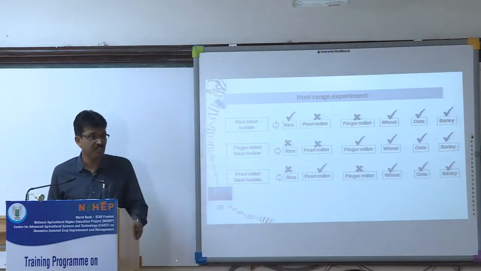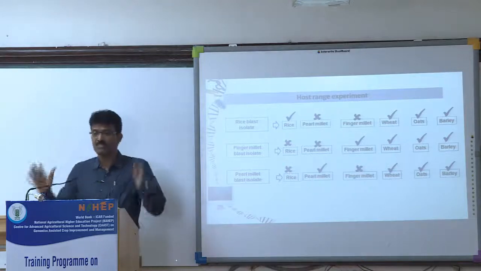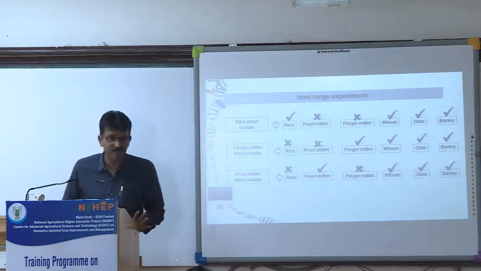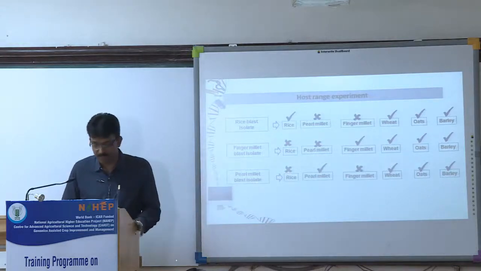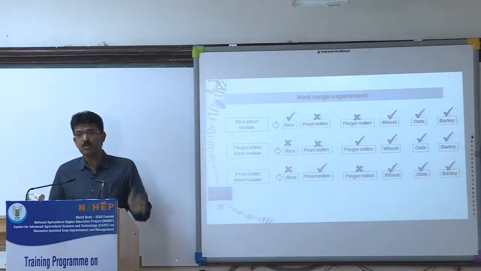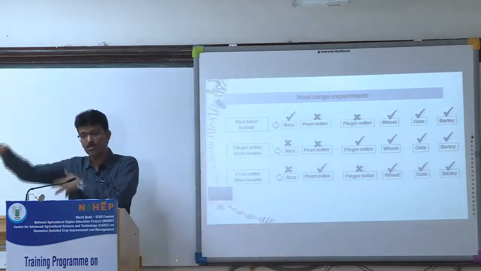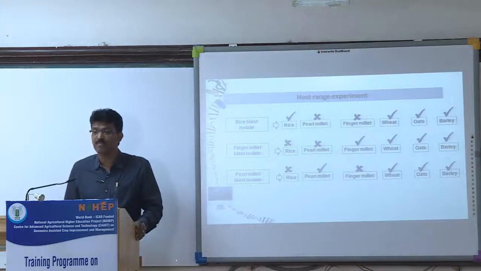How do they really behave? Genetically, we found that these 3 are distinct populations from each other at the genome level, at least with the help of 18 loci. When this population is inoculated on the respective host, we have also taken some common hosts like wheat, oat and barley.